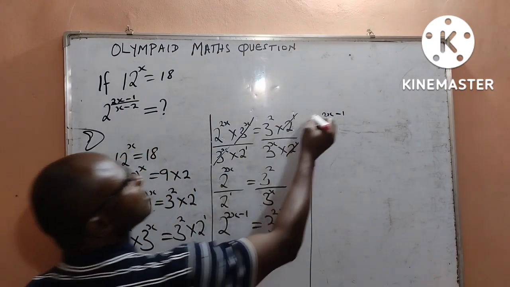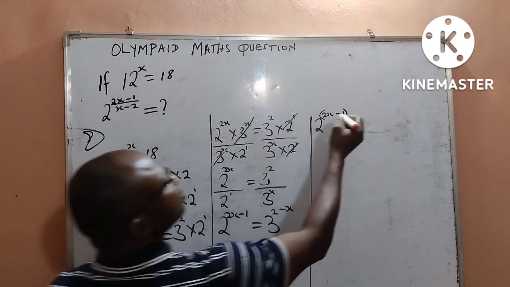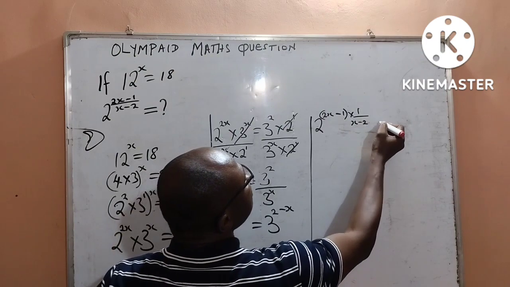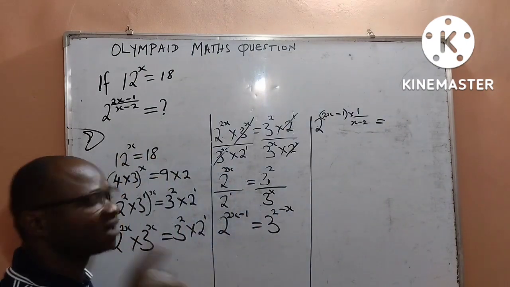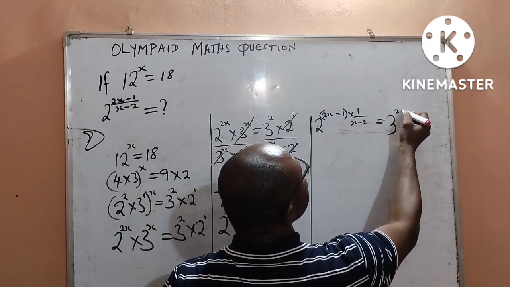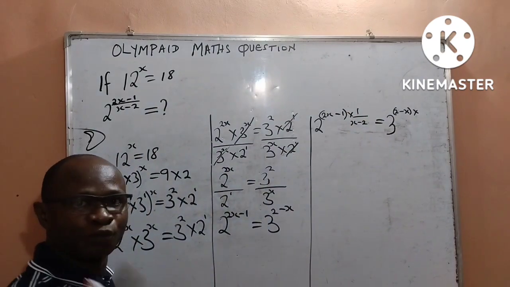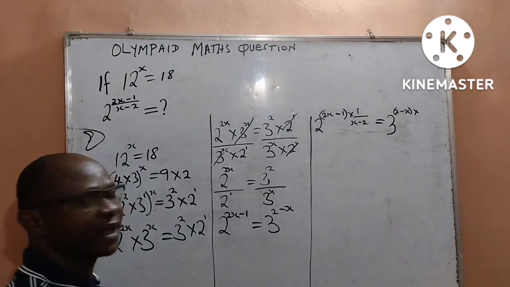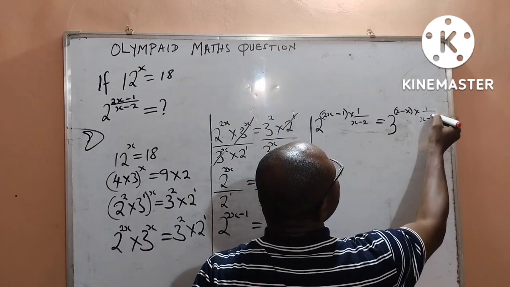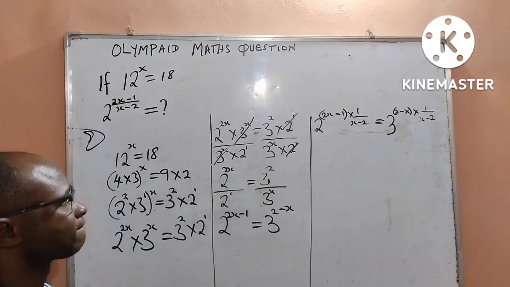I will multiply this exponent now by what I have at the denominator here, which is 1 all over x minus 2. I will do the same thing by the right hand side. I have 3 raised to the power 2 minus x. I will also multiply it by 1 all over x minus 2. Good. We are almost there.